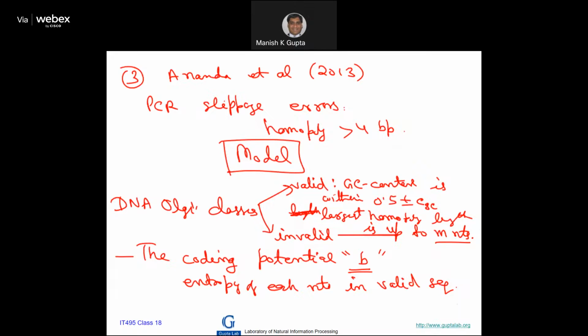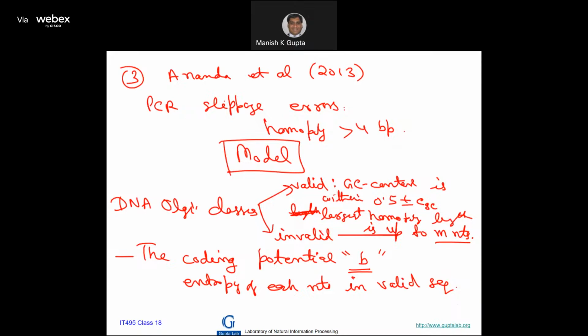A short strand of DNA is known as a DNA oligo, and it is divided into two classes, valid and invalid. It is valid if the GC content is within the range of 0.5 plus minus CGC, where CGC is the controlling parameter of the GC content, and the largest homopolymer length is up to M nucleotides.